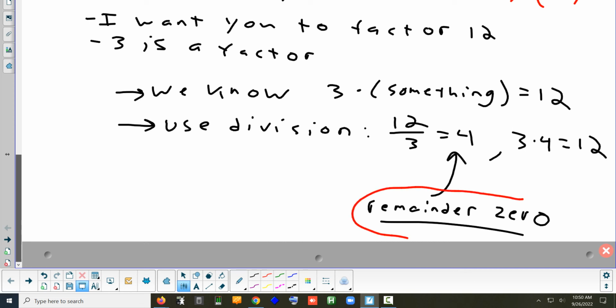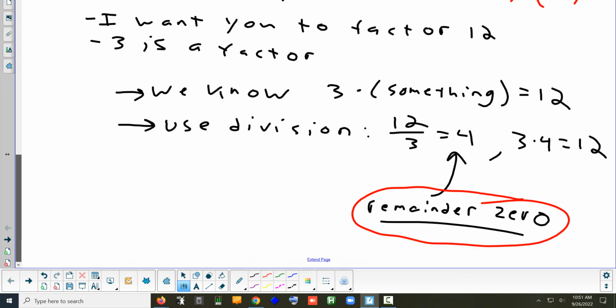So remainder of 0 is going to be a really big idea in this section. If you know that a number is a factor of another number, then when you divide it, you should get a remainder of 0. Like if I pick 24 and I divide by 8, I know 8's a factor of 24, so 24 divided by 8 should give me remainder 0. And it will.